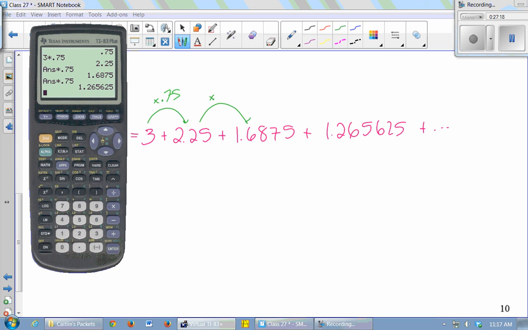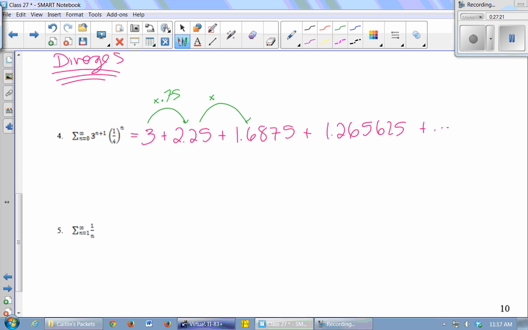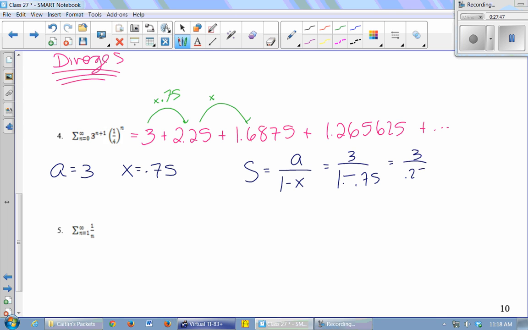So it does look like this is geometric because I can multiply by the same term every time. So my first term is 3, my multiplier is 0.75. Because that multiplier is smaller than 1, I know that this converges to a sum of a over 1 minus x. 3 over 1 minus 0.75 is 12.